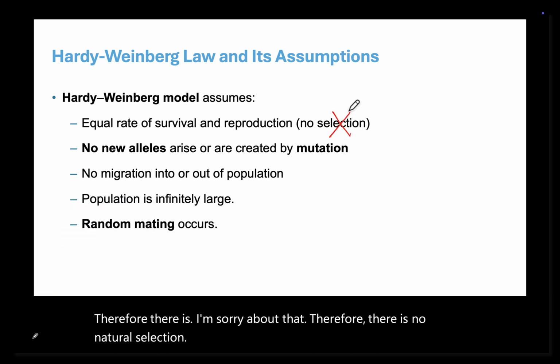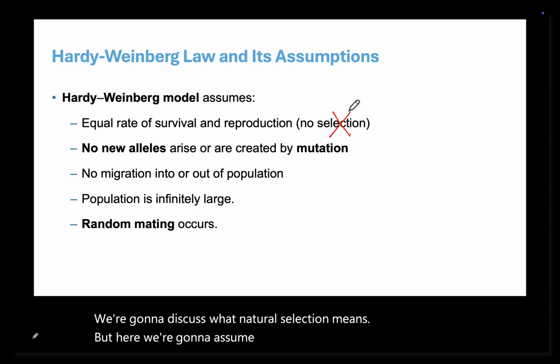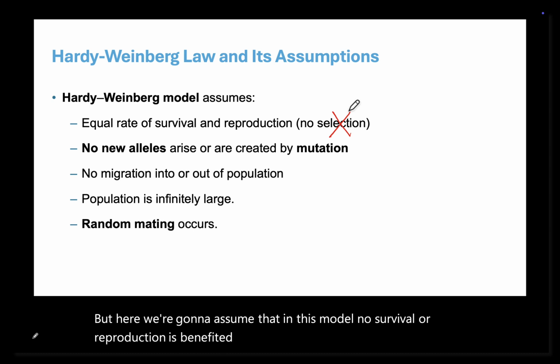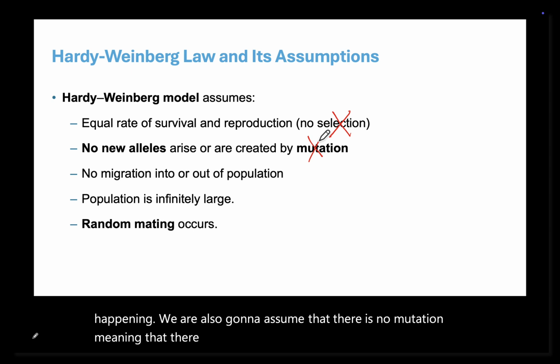We're going to discuss what natural selection means, but here we're going to assume that in this model, no survival or reproduction is benefited. Okay, there is equal rate of those things happening. We are also going to assume that there is no mutation, meaning that there is no new allele created.